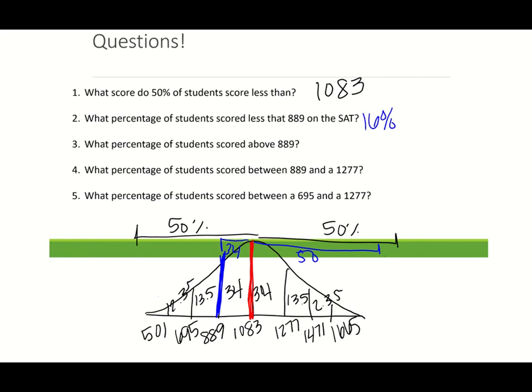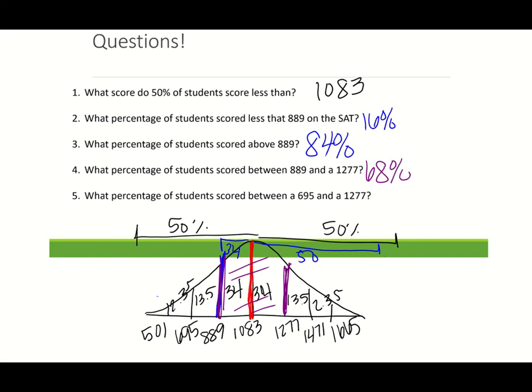Well, if 16% score less, I know that the other 84% score higher. Then I have what percent of students score between an 889 and a 1277. So I have 1277, I have 889. So between, I have 34 and 34, which is going to give me 68%.